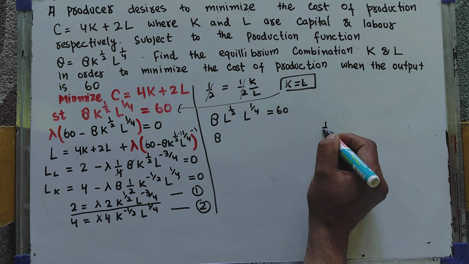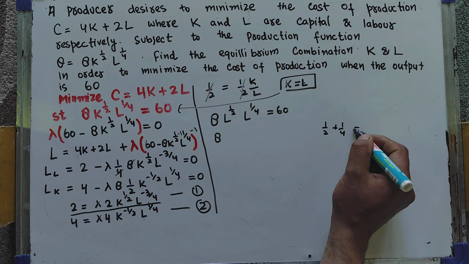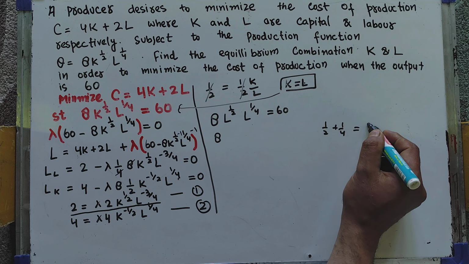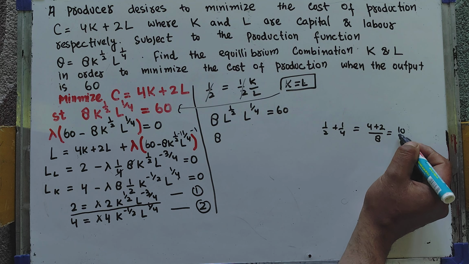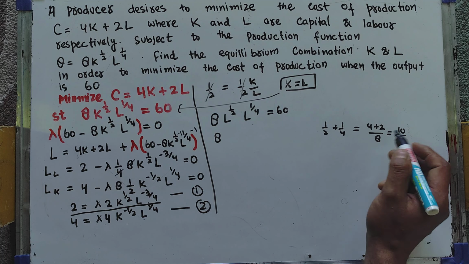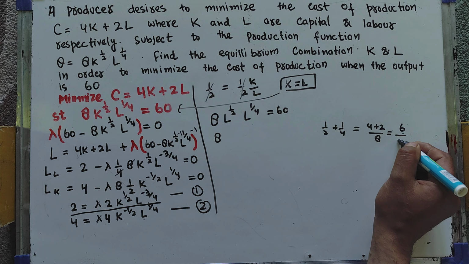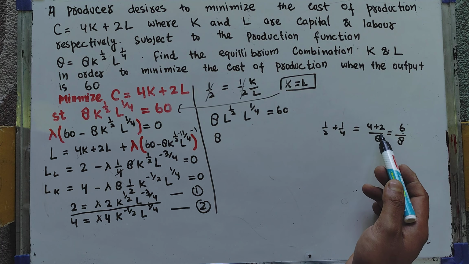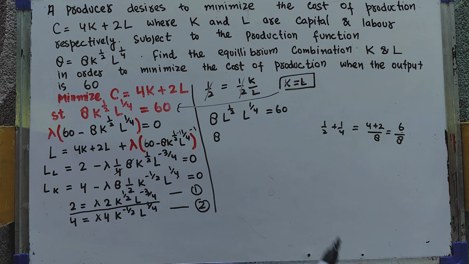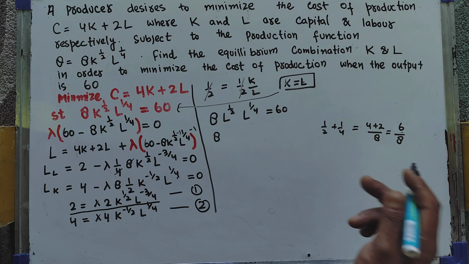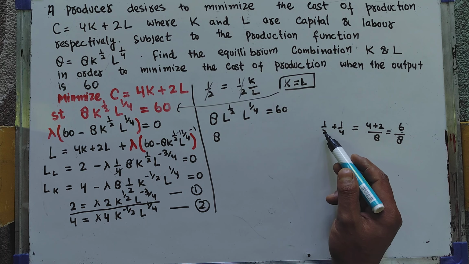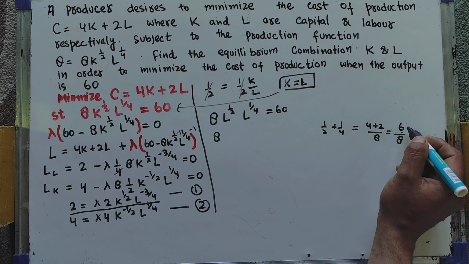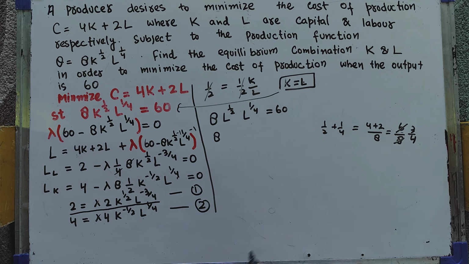So 1 upon 2 plus 1 upon 4 becomes 4 plus 2 divided by 8, which is 6 divided by 8. I'm really sorry for this slow calculation. So 4 plus 2 is 6, and 2 4s are 8, 6 upon 8, which is equal to 3 upon 4.